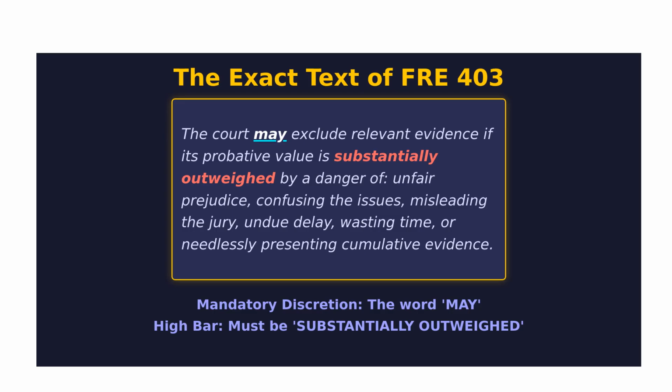Pay close attention to the mandatory language. The use of the word "may" confirms that exclusion is entirely within the trial judge's discretion. It is not required even if the dangers are present.